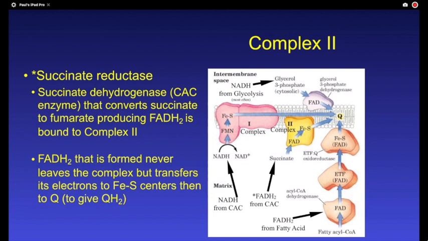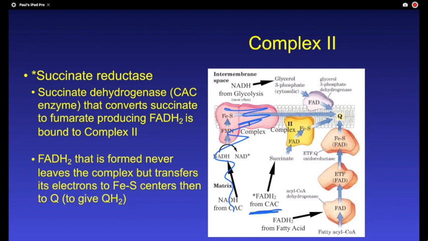Remember, complex 2 has lots of different ways it can go in. We are first looking at it from this perspective. That was complex 1, which we just covered in the last slides. What we're now looking at is this one right here.